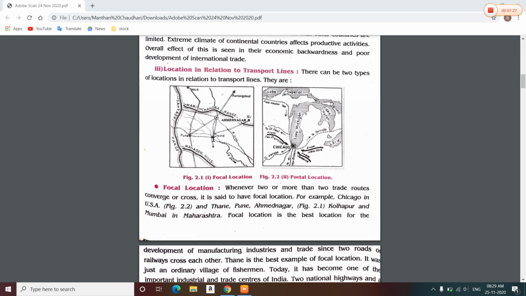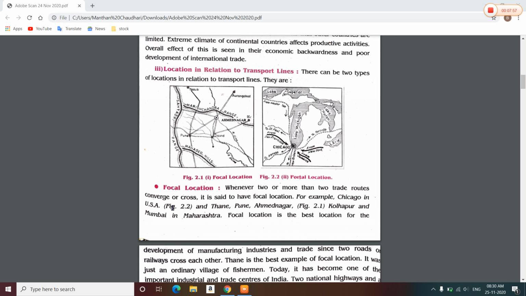Whenever two or more than two trade routes converge or cross, it is said to have focal location. For example, Chicago in USA, Thane, Pune, Ahmednagar in Maharashtra, etc. Focal location is the best location for the development of manufacturing industries and trade.